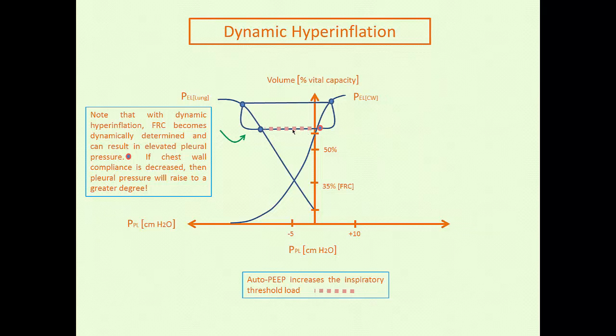So this is the threshold load, and this is essentially equal to the increase in end expiratory alveolar pressure from auto-PEEP and dynamic hyperinflation, or dynamic hyperinflation leading to auto-PEEP. So this patient must now generate this additional decrease in intrathoracic pressure to initiate airflow.